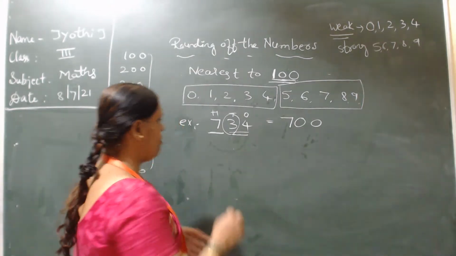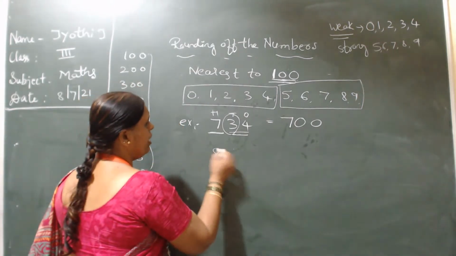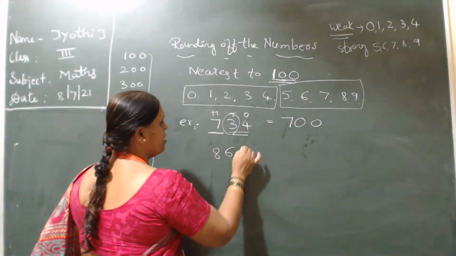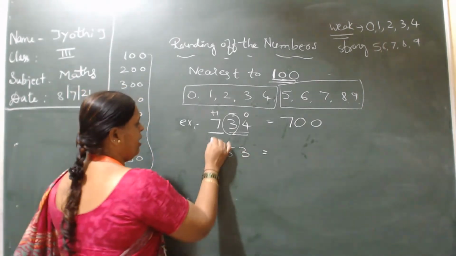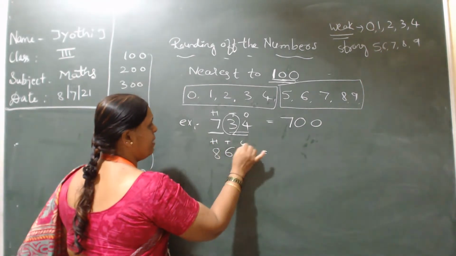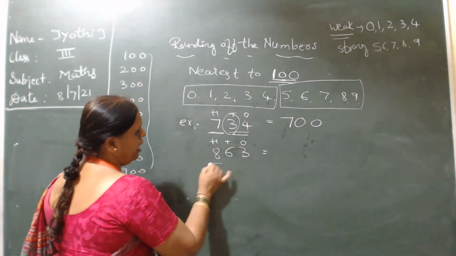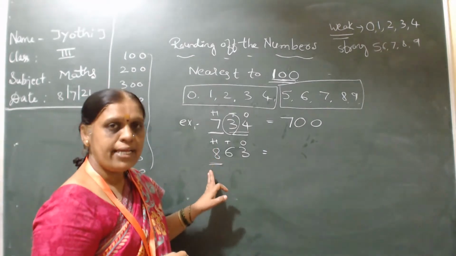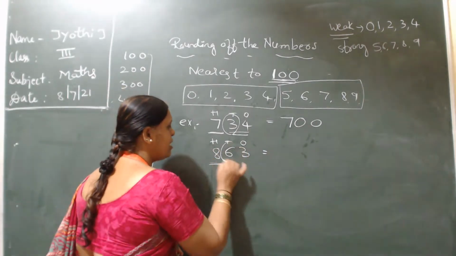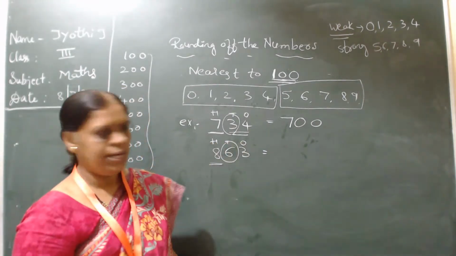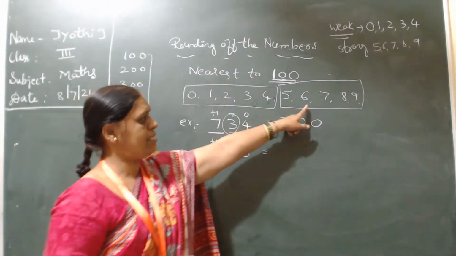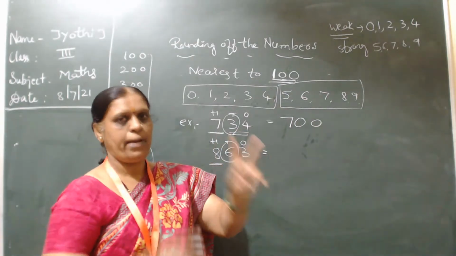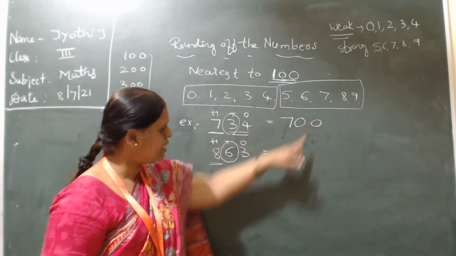same. Suppose the number is 863. Hundreds place, tens place, ones place. When we are rounding to the nearest 100, we have to see the number in tens place. What is the tens place number? We have the 6. 6 means second group and strong. So what should it do?